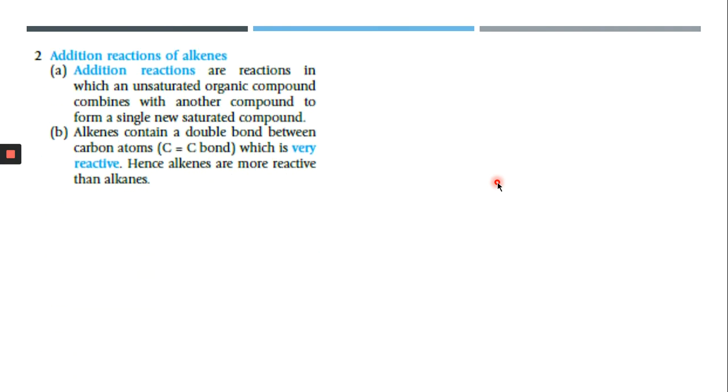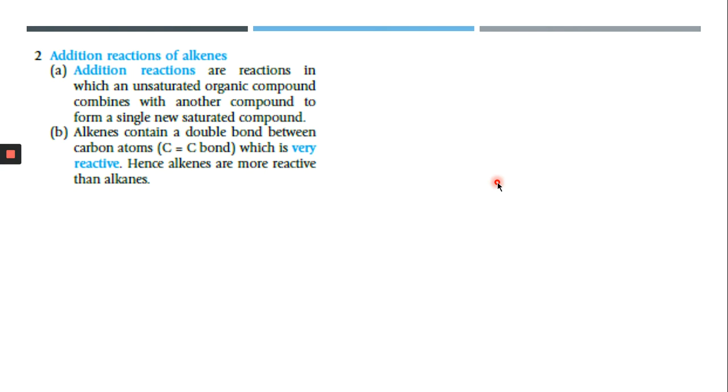Okay, now we go to a complicated reaction where you have like 8 reactions. This one is what we call as addition reaction of alkene. Okay, so kita tahu yang alkene tu adalah unsaturated hydrocarbon.